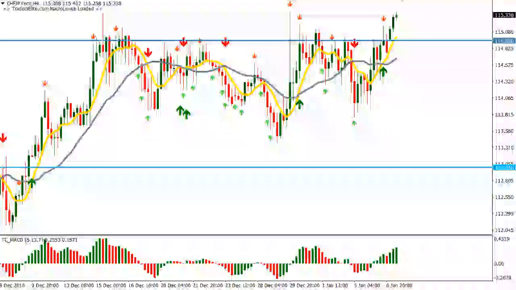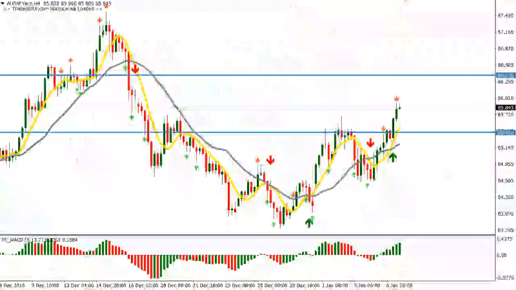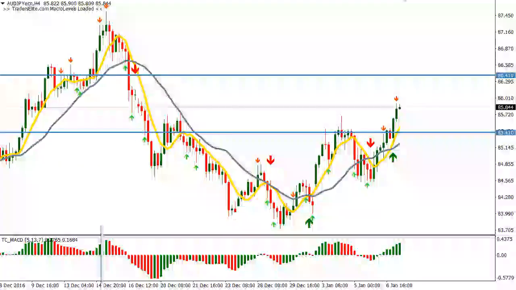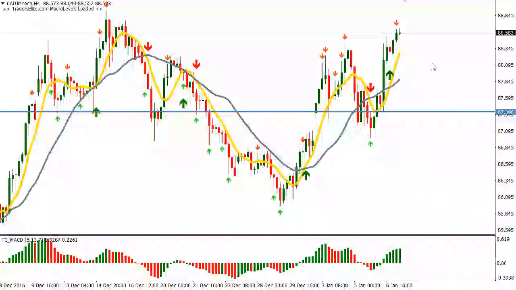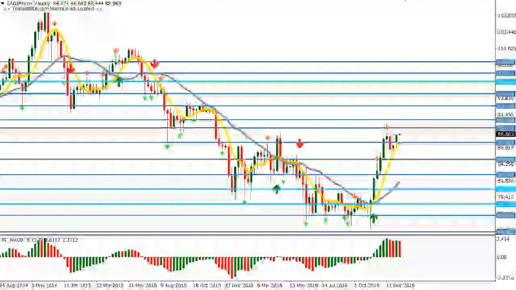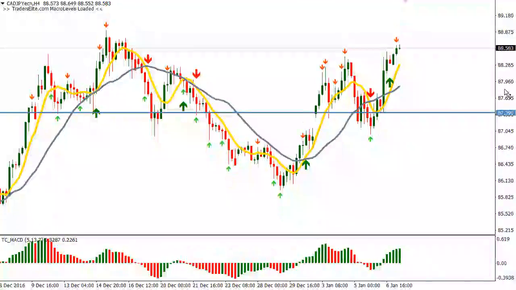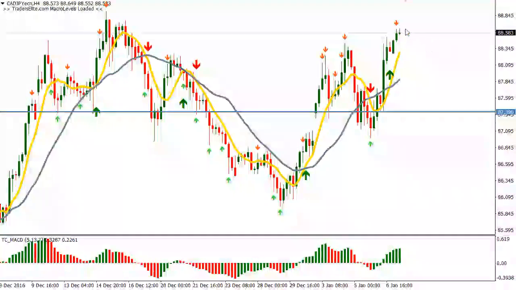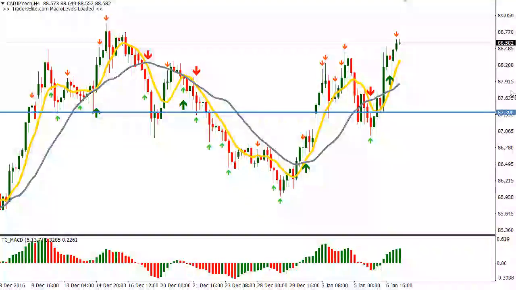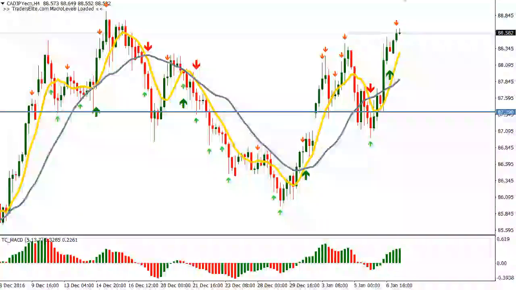But certainly today, euro yen, Swiss yen, and possibly Aussie yen, Kiwi yen, looking at the better opportunities for going long. CAD yen, okay, upward on the weekly, upward on the daily, and upward on the 4 hourly. So, once again, potentially good opportunities here to trade long against the yen.